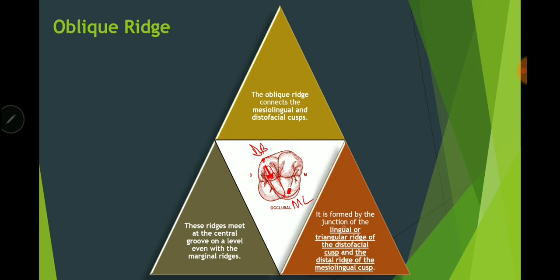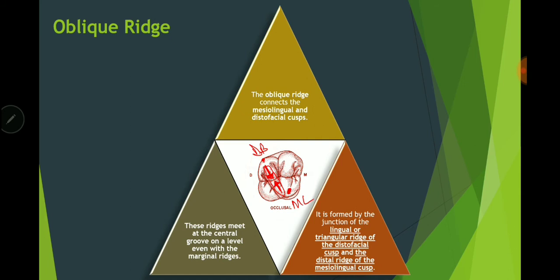So this is the lingual triangular ridge of the distal buccal or distal facial cusp, okay, and this is going to the distal side, distal buccal, but it's going to the distal essentially, and the distal triangular ridge of the mesiolingual cusp, okay.